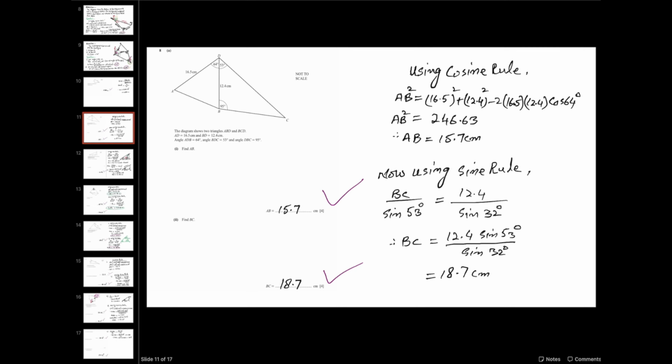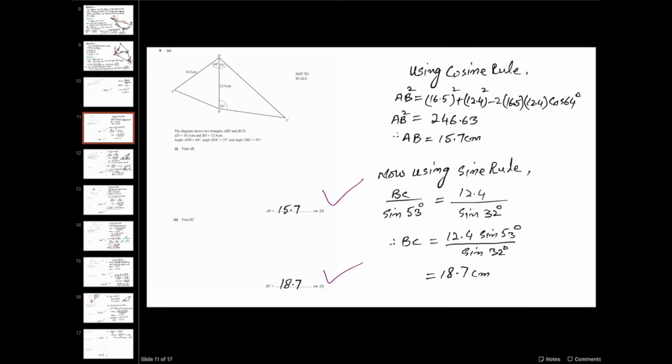Angle ADB is equal to 64 degree and angle BDC is equal to 53 degree. Also angle DBC is equal to 95 degree. We have to find the side AB.